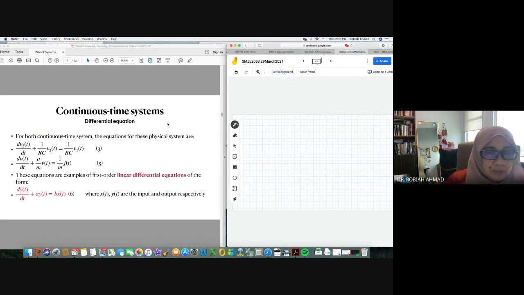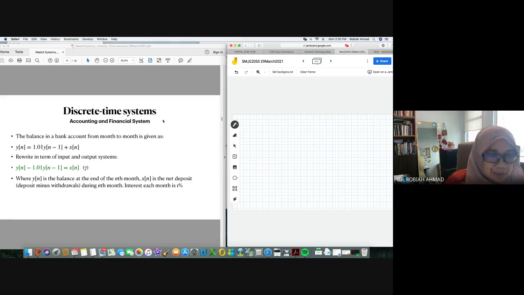Okay, let us move to discrete time systems. So for discrete time system, instead of t, we have n. n stands for sample of time, a certain sample of time. Later we will look at the definition. One example of a discrete time system in this slide is the balance in a bank account from month to month.